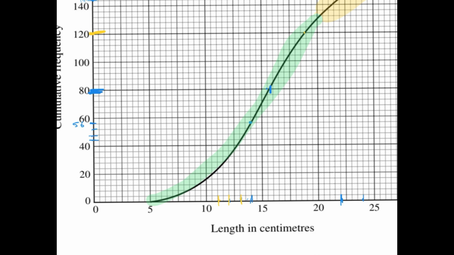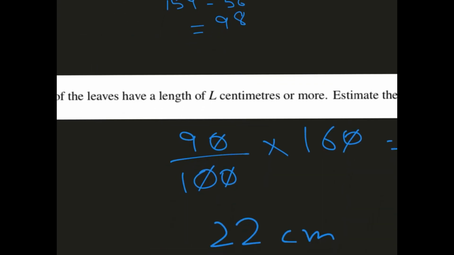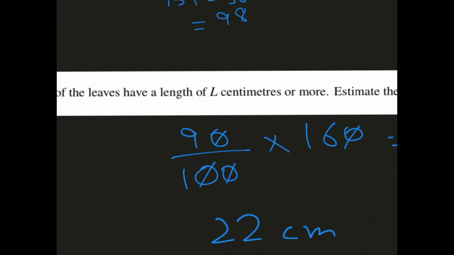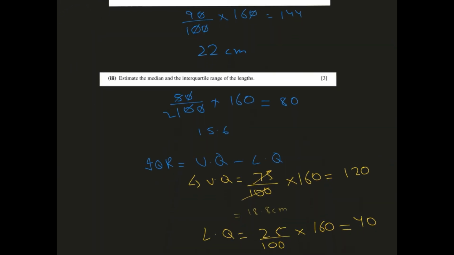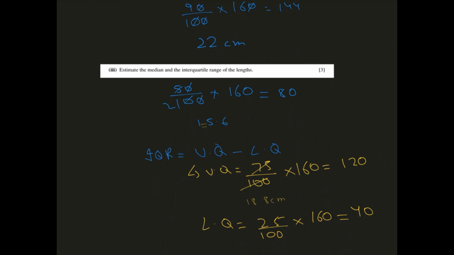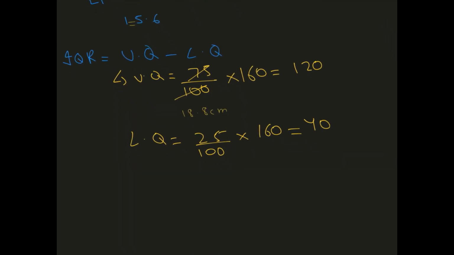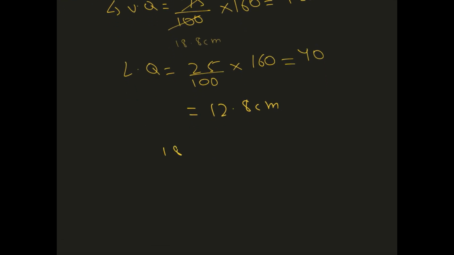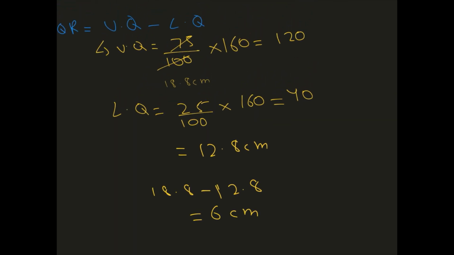So this must be 12.8, let's just say. 12.8 centimeters. Let's subtract the two. 18.8 minus 12.8, and we will get 6 centimeters. So our interquartile range is 6 centimeters.